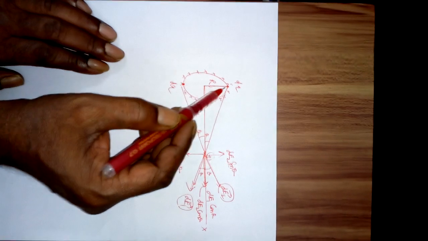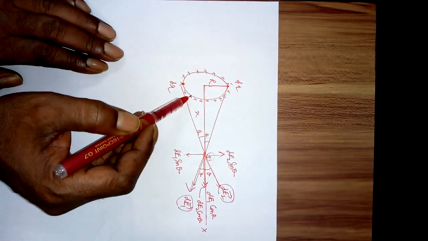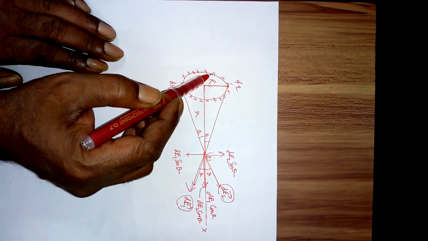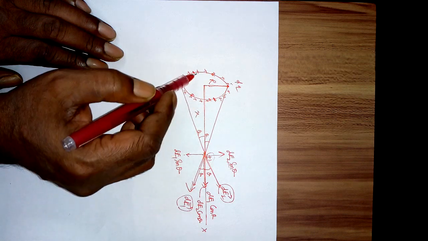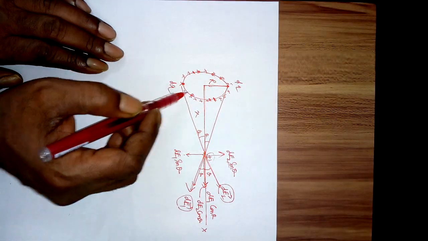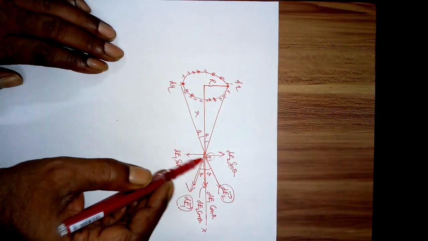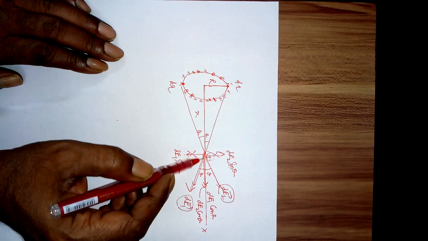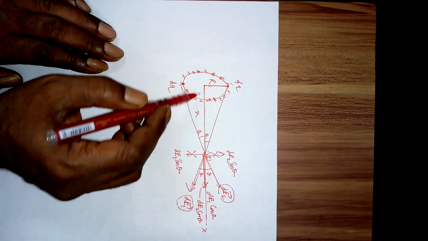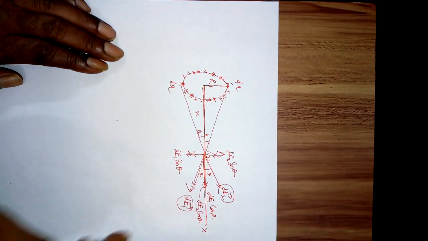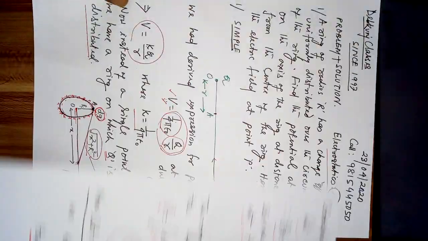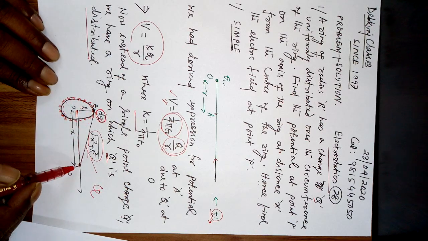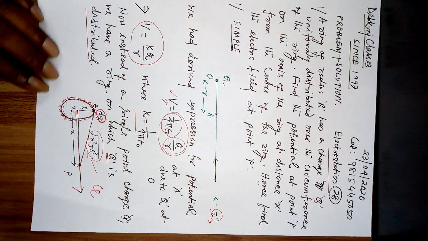So for each opposite pair, here and here, here and here, when you consider their components, the sine components will cancel, and only the cos component will remain. So the field is along the x-axis. That is why I said, since it is a ring, the field will be along the x-axis.